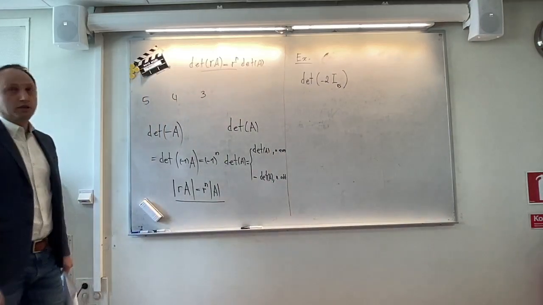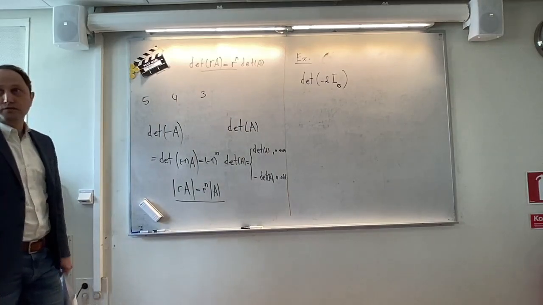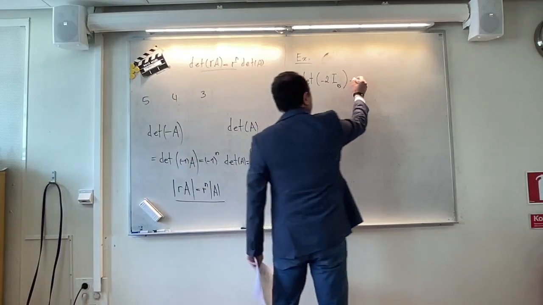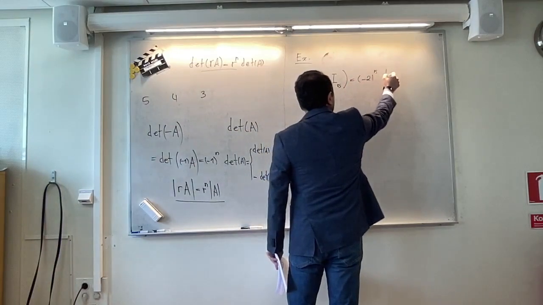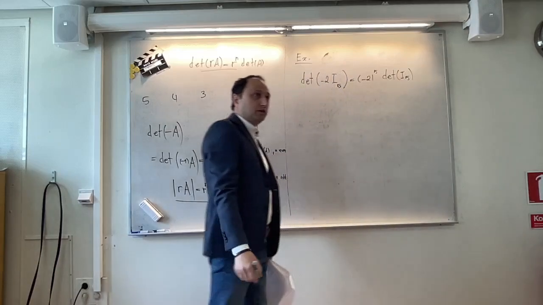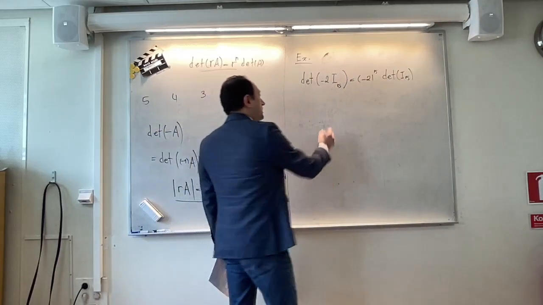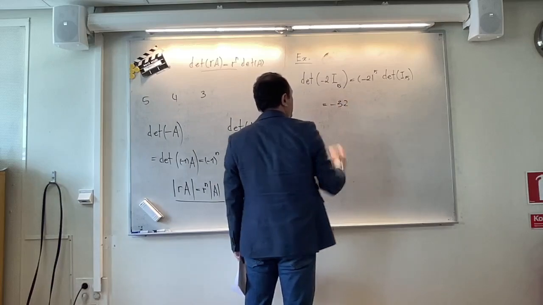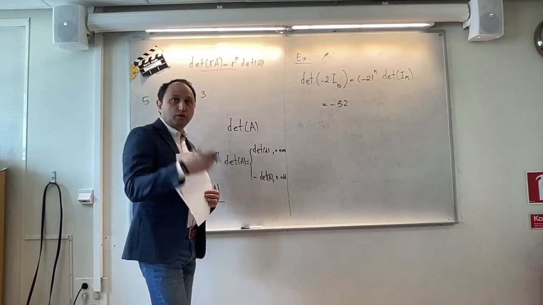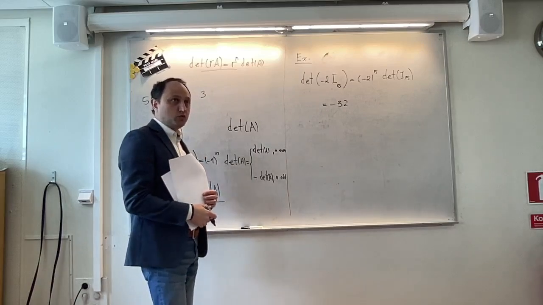So what can I write for this? If I ask you, what is this? Minus 2 to the power of 5 multiplied by the determinant of your matrix, which in this case is I5. But minus 2 to the power of 5 is simply minus 32, and the determinant of I5 is? The determinant of all identity matrices is 1.